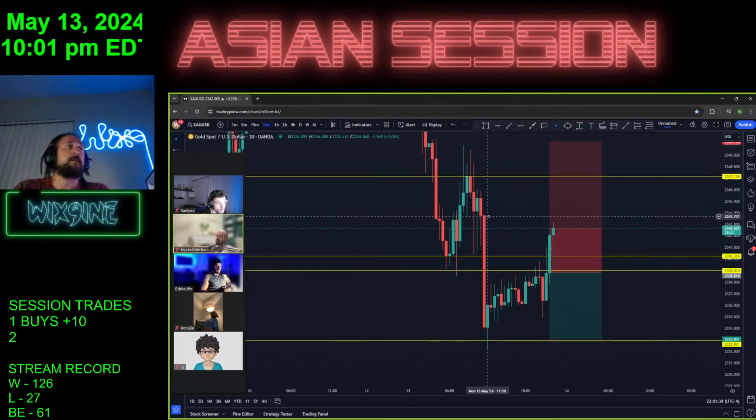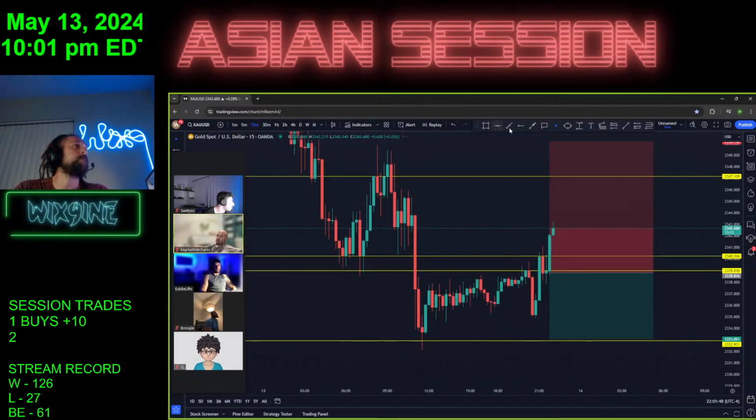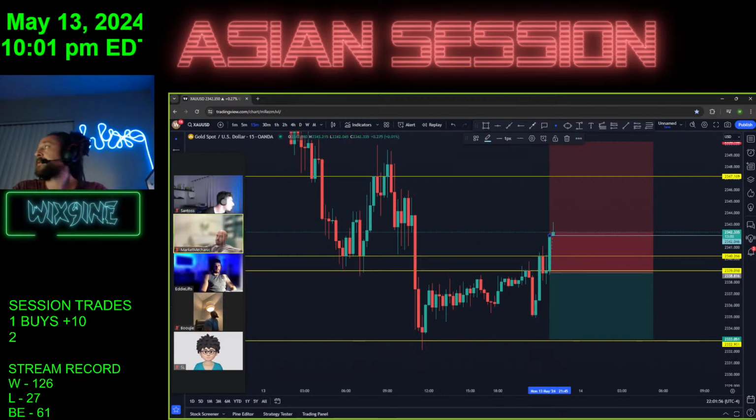Okay, you know what? I'm gonna have a sell stop on the break of the low of this current candle. Right here. Let's tap this little resistance. Right.